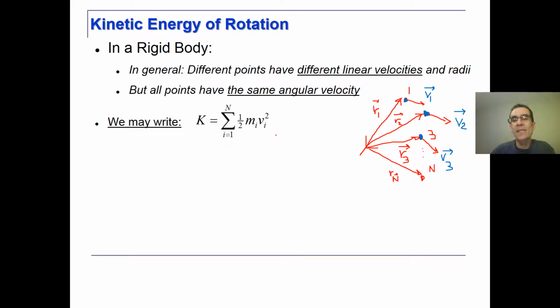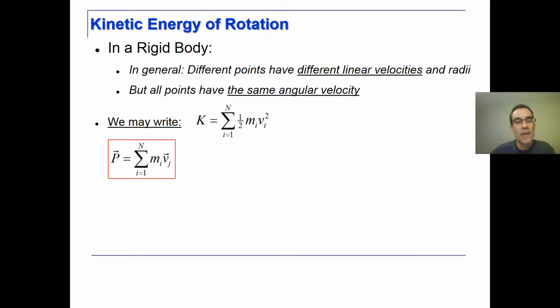If I take the mass m1 multiplied by v1, I get the linear momentum of particle 1.